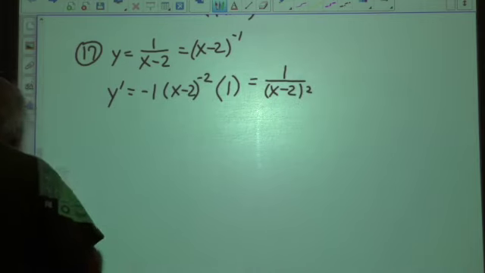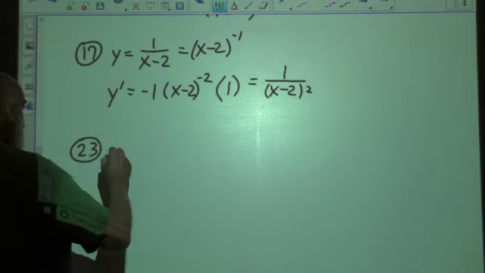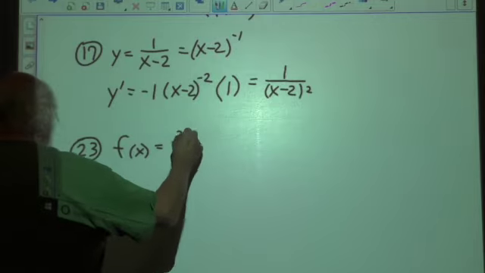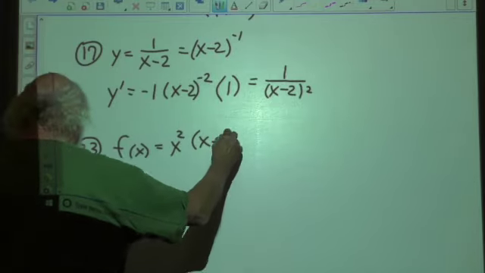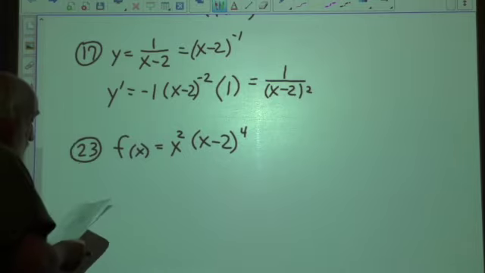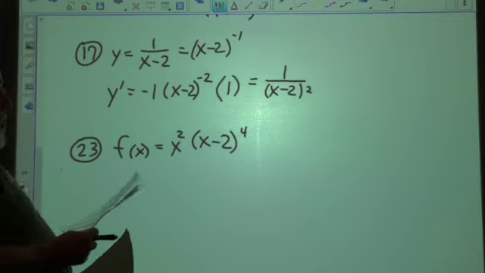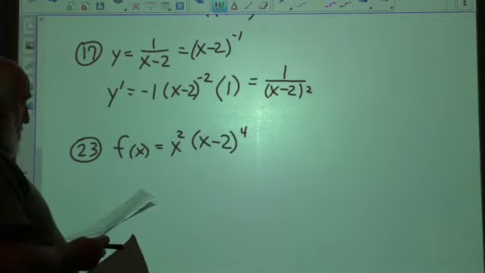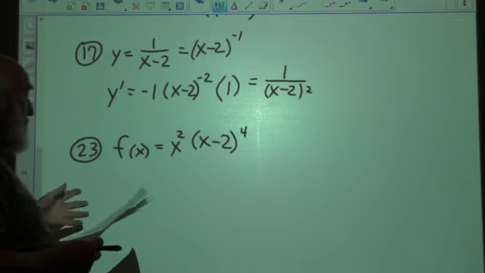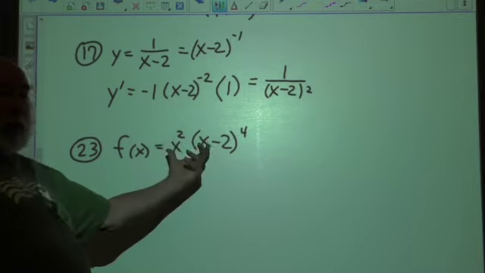So let's jump down to number 23. f of x equals x squared times x minus 2 to the 4th power. Okay, now we're going to do a couple of things at once. First of all, we recognize that we use the general power rule on these two parts.